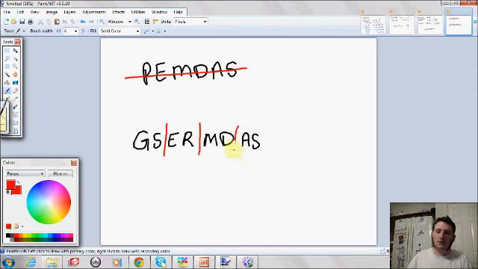The idea here is grouping symbols, exponents and radicals, multiplication and division, addition and subtraction.